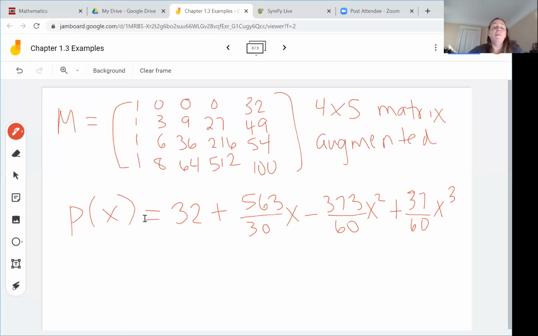Now if we want to plot this, I can do that in SymPy, so I'm going to head over to SymPy Live and do a plot to see how it looks.